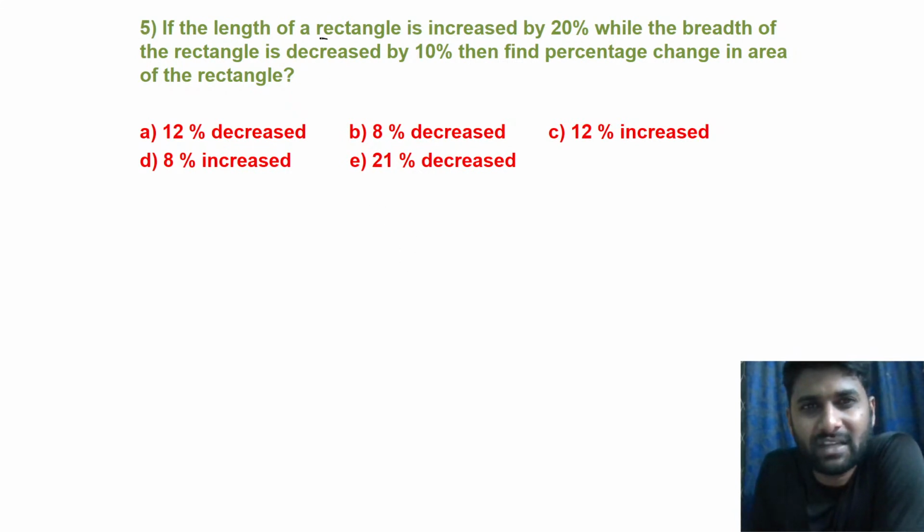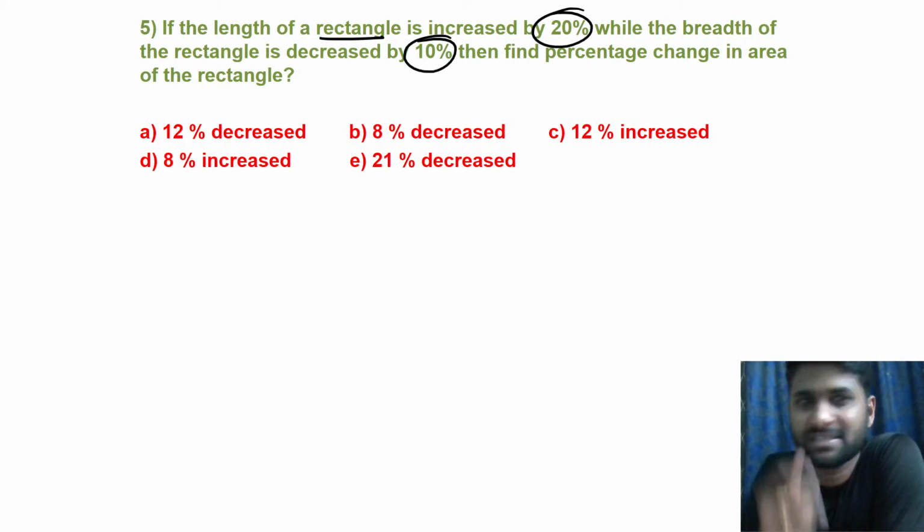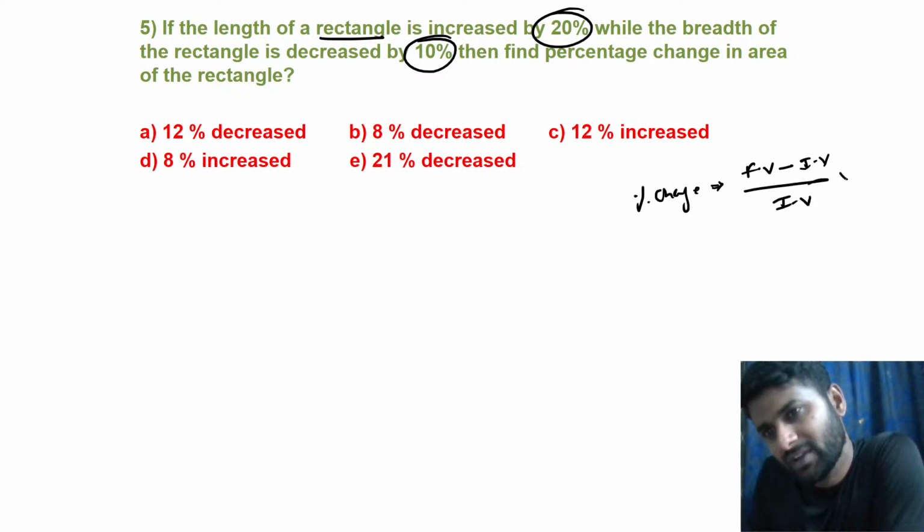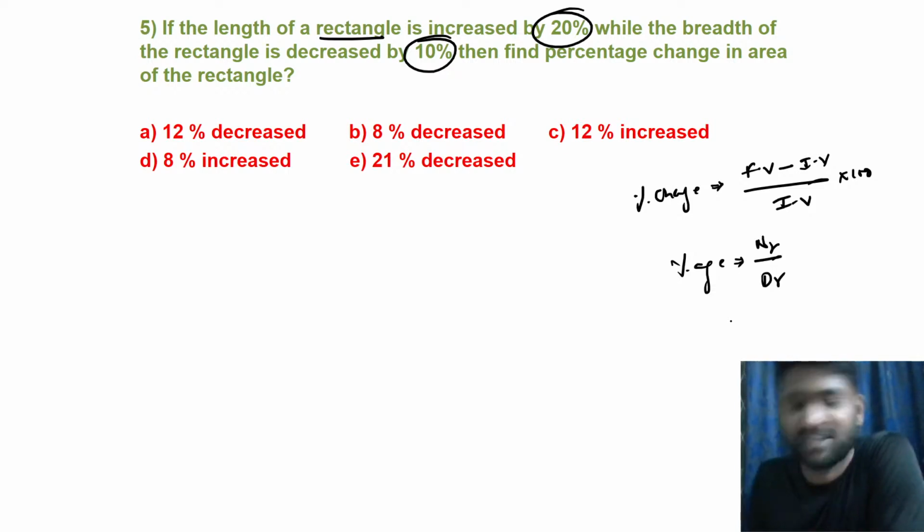See the next question. The length of a rectangle is increased by 20% and breadth is decreased by 10%. What is the percentage change in its area? See, percentage change completely depends on final value minus initial value, divided by initial value, into 100. Guys, remember, any percentage we represent as a fraction, which means numerator by denominator.